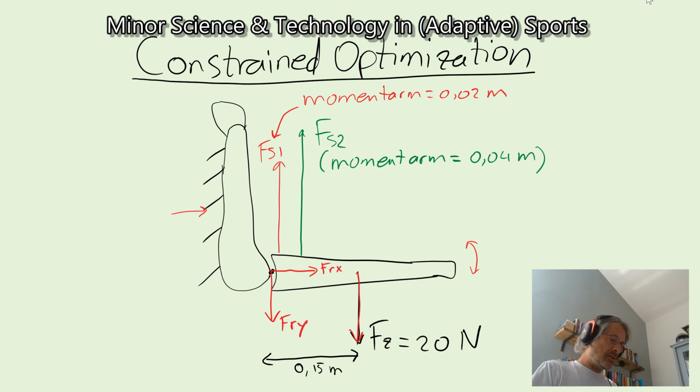But there are cases when this is not the case. If a variable cannot take any value that you want, but for example, there is a bound above which it cannot take that value, or if only a combination of two variables is possible, then we talk about constraint optimization.